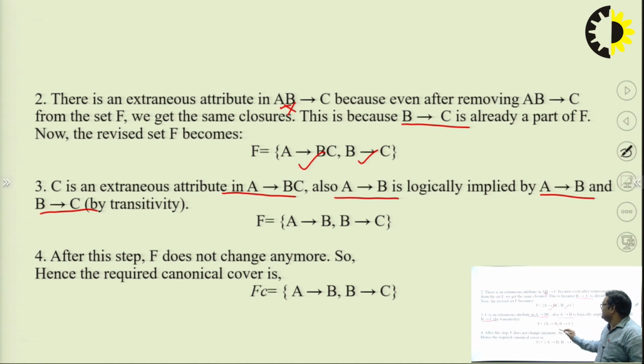So, by the rule of transitivity, we now have these two dependencies which will give you the same closure as in the first set F. So, after this step, F does not change anymore. So, the canonical cover can be A to B and B to C.